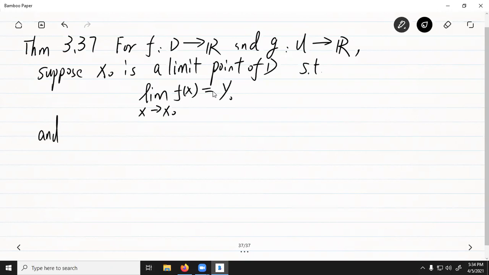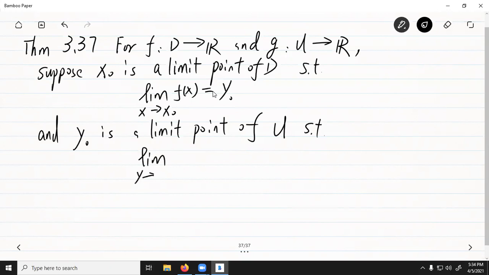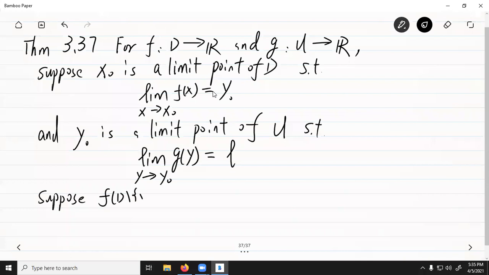And suppose y0 is a limit point of U, where U is the domain of g, such that the limit as y approaches y0 of g of y is equal to L. Okay. We also suppose the image of D minus x0 is inside U minus y0.